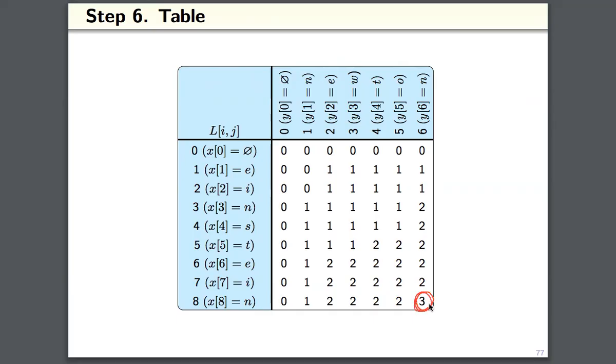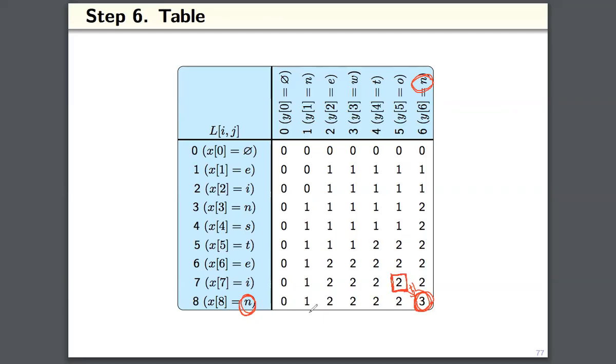What is the LCS at this cell? We compare the characters here. N is equal to N. So the LCS of this cell is the LCS of the i minus 1, j minus 1 cell plus 1. Let me add plus 1 here.